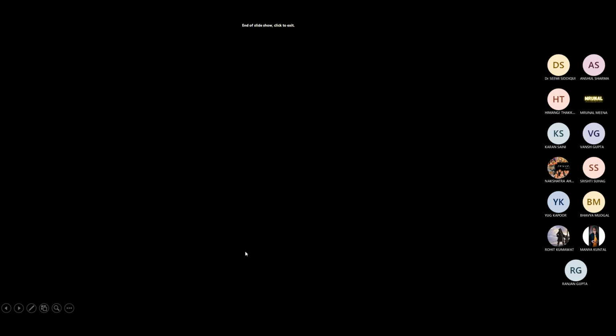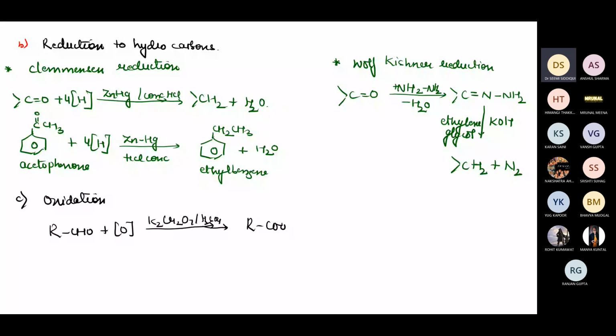For example, K2Cr2O7, you can take KMnO4, whichever you want. So it is going to give us the carboxylic acid. But say suppose if we are having ketones, like अगर मैं यहाँ पे बात करूं, let's take the unsymmetrical.